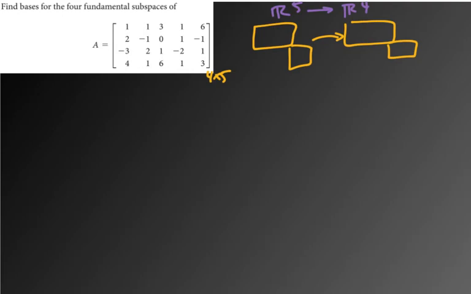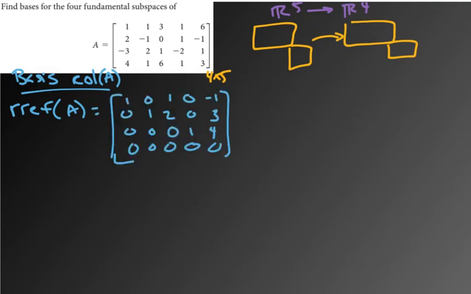Some of this is review because we did this back in Unit 3. But to find a basis for the column space of A, the way we did this before is we can just RREF A, and we would get this. And what we did is we took a look at the columns where there's a leading 1, right? And where those backtrack to in the original matrix, you can just take those columns as basis vectors, right?